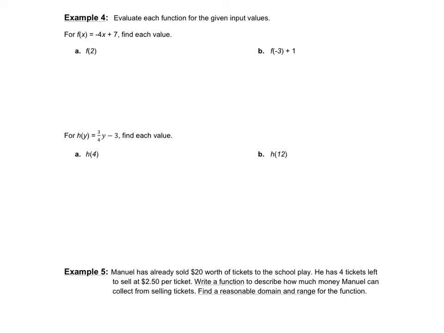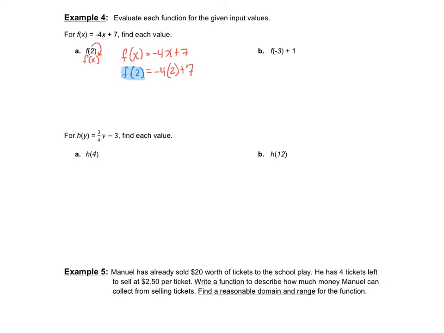Okay, so f of 2. Well, this is normally f of x, so that means that the 2 is actually the x. So I'm going to take the function that they gave me, f of x equals negative 4x plus 7, but I'm putting a 2 wherever I see x. Now this left side, you don't need to do anything for that because that's just telling me that I'm placing a 2 in for x.